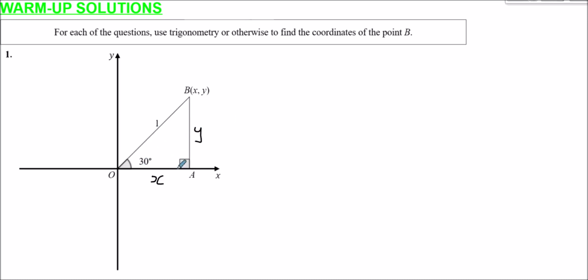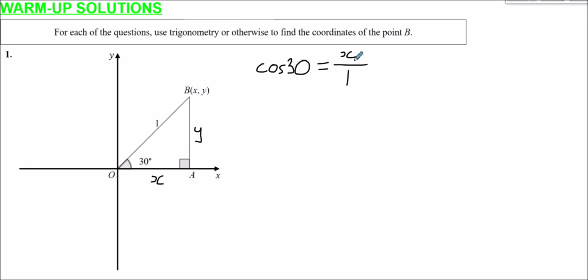If we're trying to find x using basic trigonometry for right-angled triangles, x is the adjacent side, and we know the hypotenuse, which is 1. If we're interested in the hypotenuse and the adjacent, that's going to be the cosine function. So cos 30 is the adjacent side, which is x, divided by the hypotenuse, which is 1.